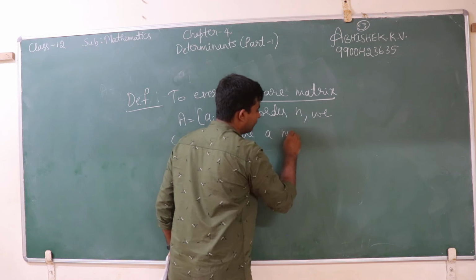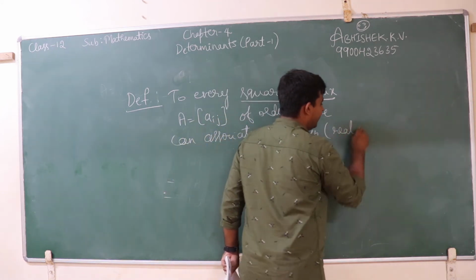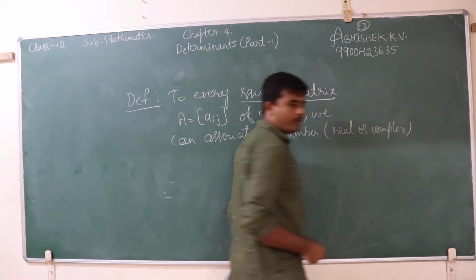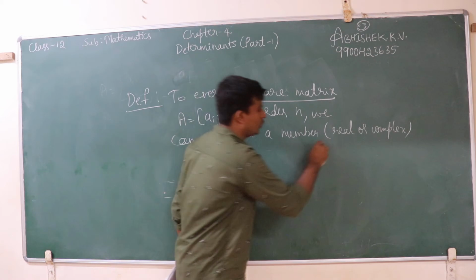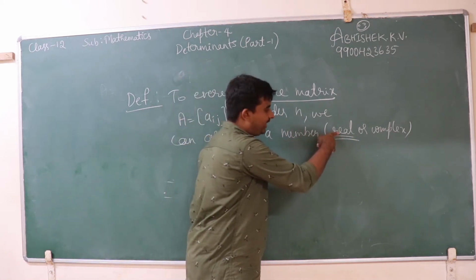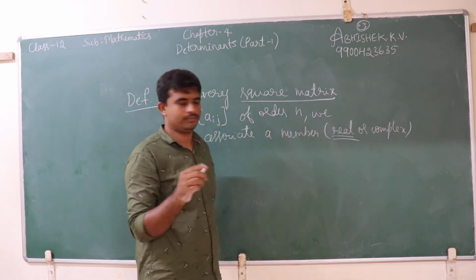a number. This can be real or complex. The number can be real or complex, but in our syllabus we are going to learn the determinant up to order 3 with real entries only.